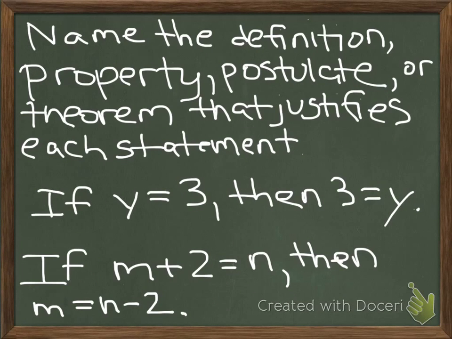Here we're asked to name the definition, the property, postulate, or theorem that justifies each statement. So we only need one for each statement. So if you look here, we have Y equals 3, then 3 equals Y. So they've switched where the number and the letter are for the equal sign, and this represents the symmetric property.